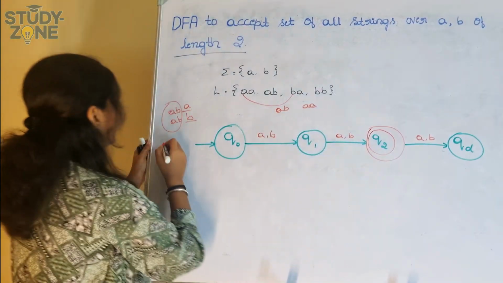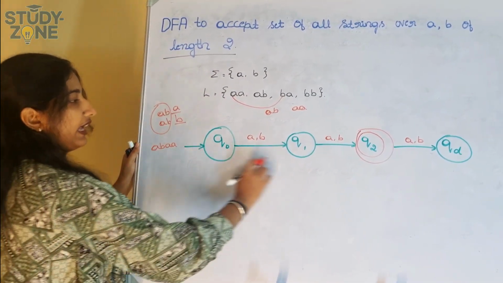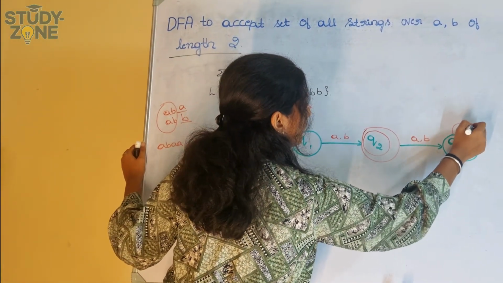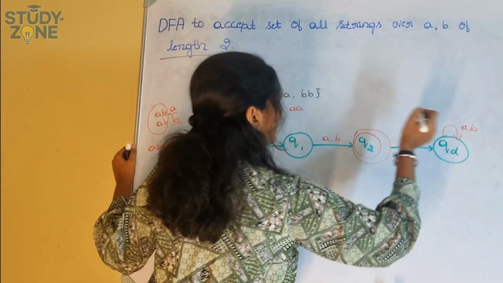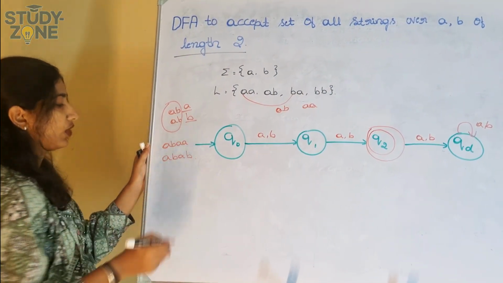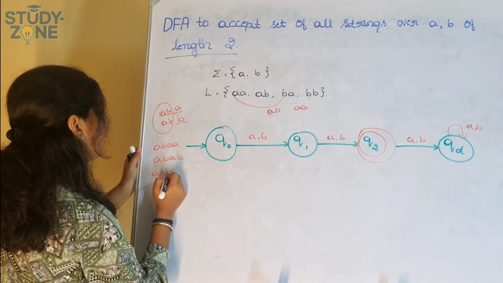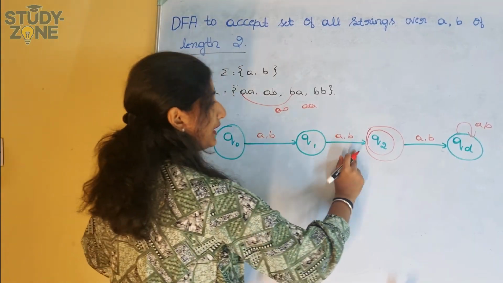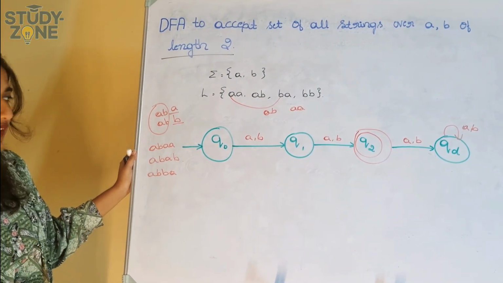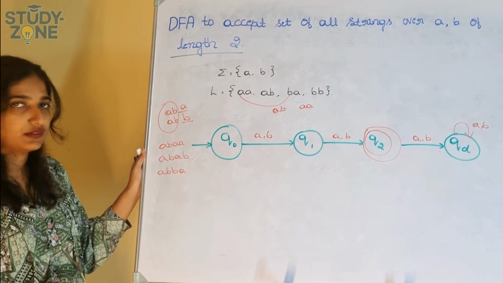So after that, let's take, I have A, B, A. Okay, so if I have A, B, A, again A, I should be oscillating in the dead state only. If I have A, B, A, or A, B, A, B, A, I should move to the dead state only.